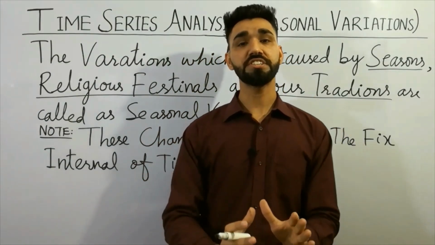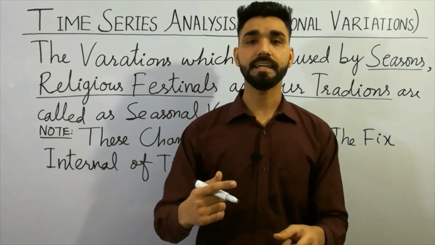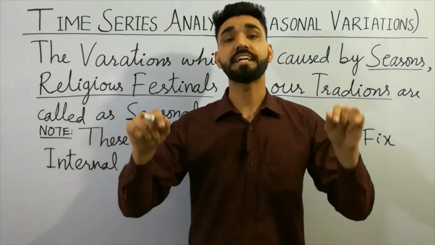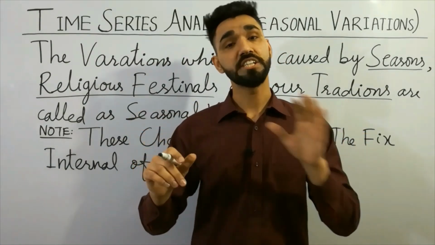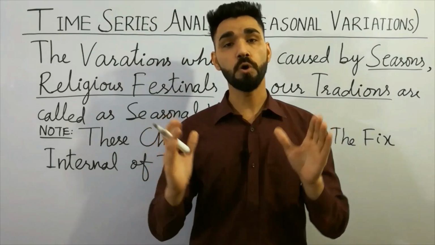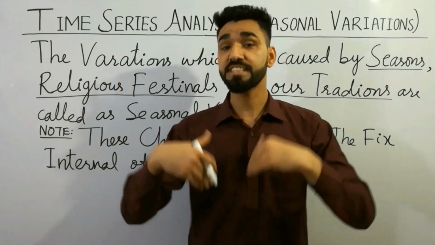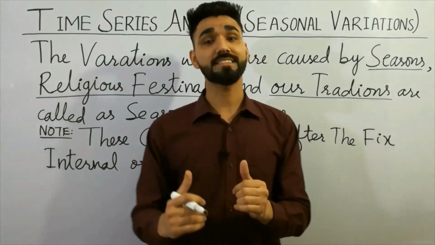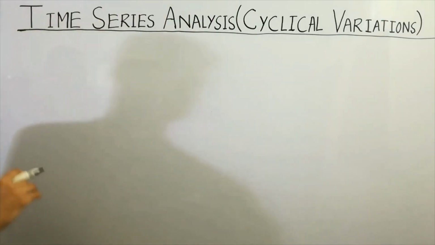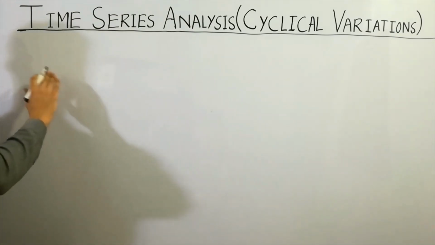These changes will come back again in the year 2023. So these changes come back again after the fixed interval of time. That's called the definition of seasonal variation, a component of time series analysis.